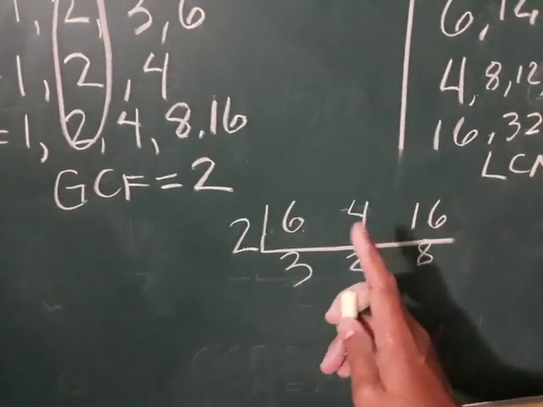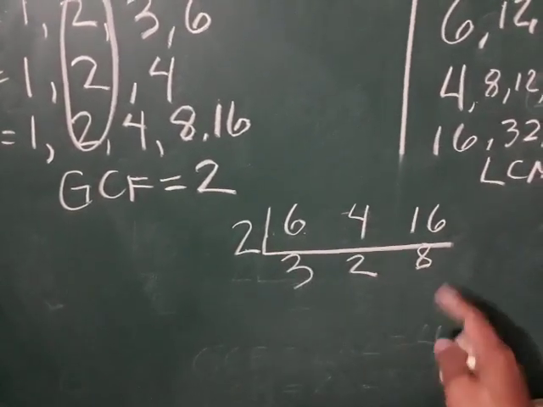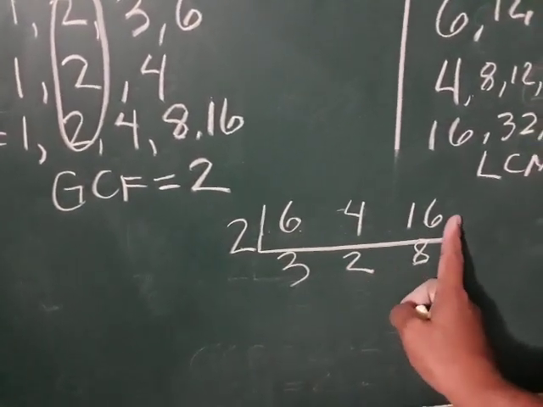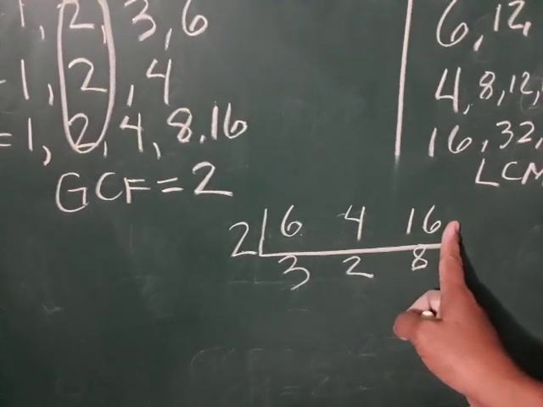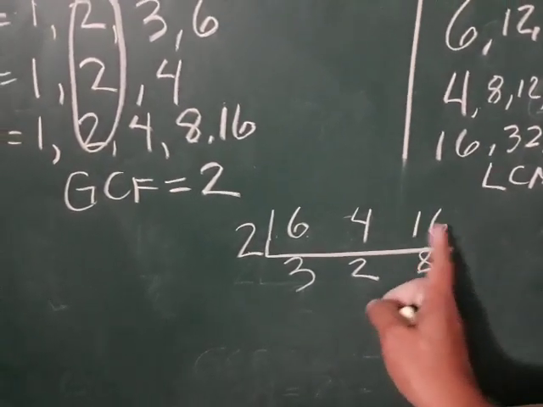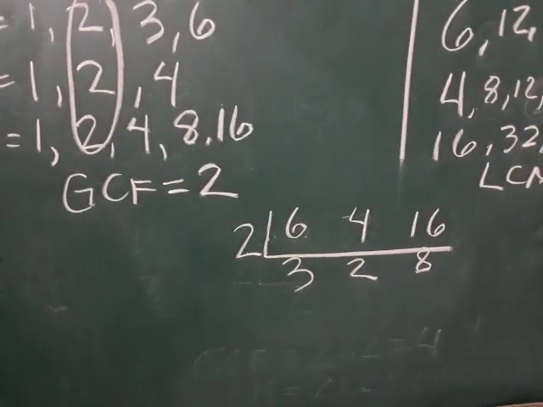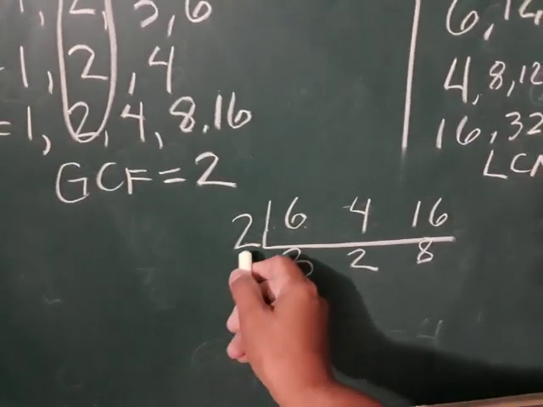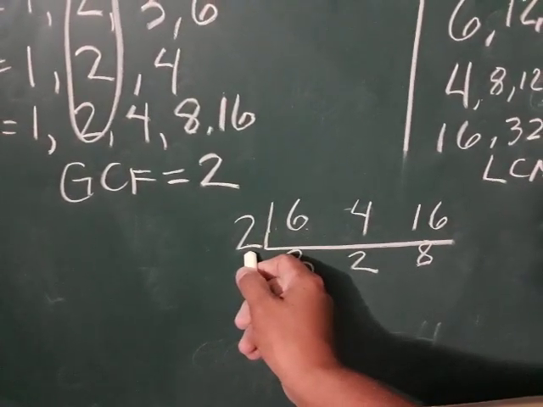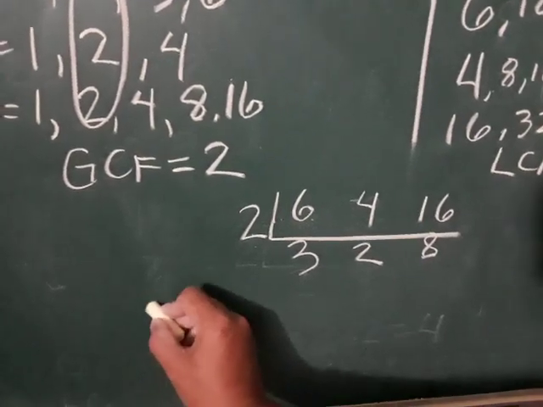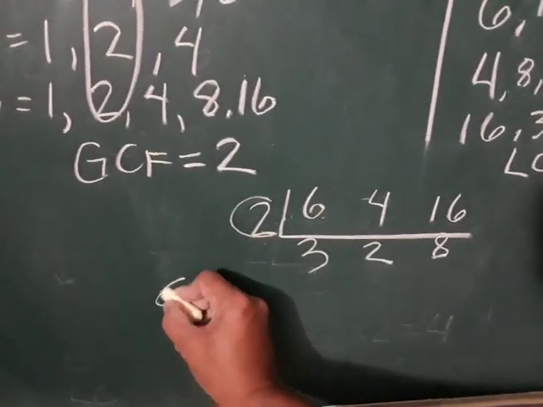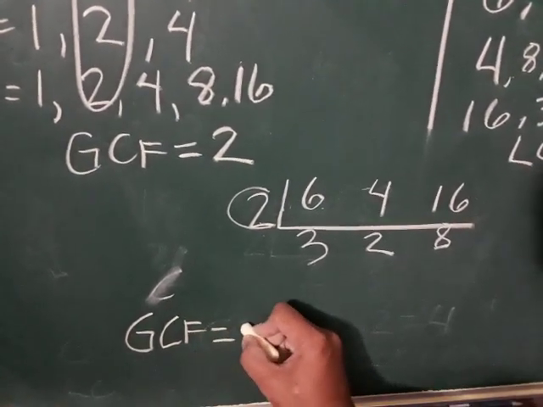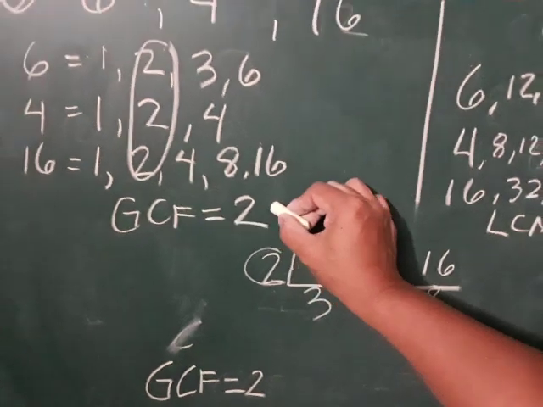Why? When we get the GCF, because when we say GCF, all of these numbers must have this factor. Okay, so 2 is our GCF. We can stop there. Okay, so GCF is 2, which is the same with this.